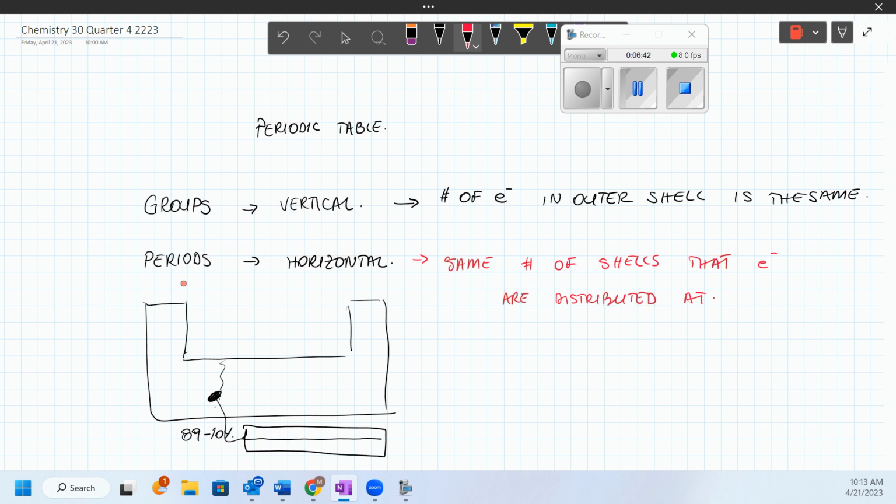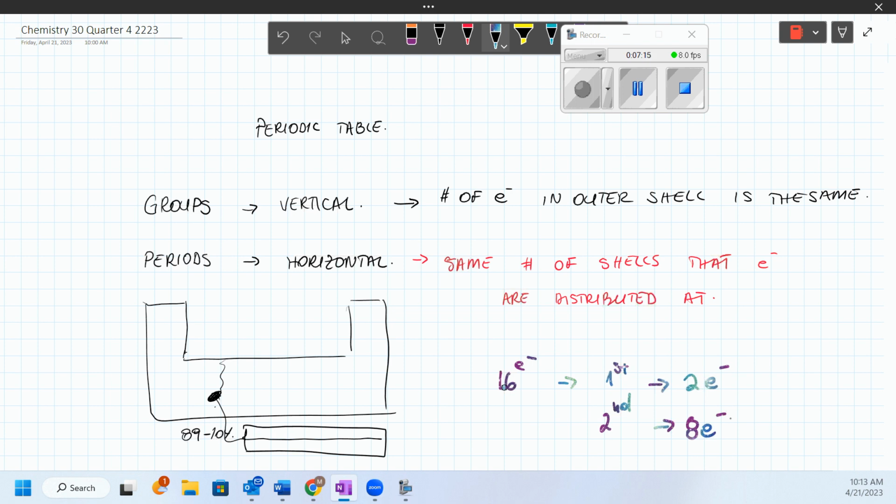However, let's say we have an atom that has 16 electrons. On the first shell we will place 2 electrons. On the second shell we'll place 8 electrons.